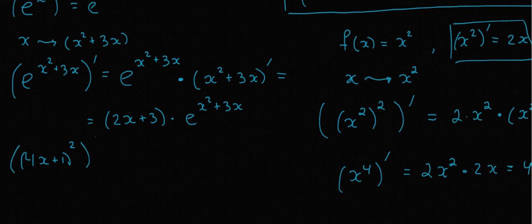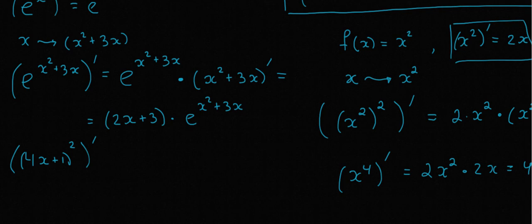One way to calculate this derivative would be to expand the square. Just write 4x plus 1 times 4x plus 1, multiply everything out, and then differentiate term by term using the power rule. But since I just explained to you the chain rule, let me use the chain rule to calculate this derivative faster.